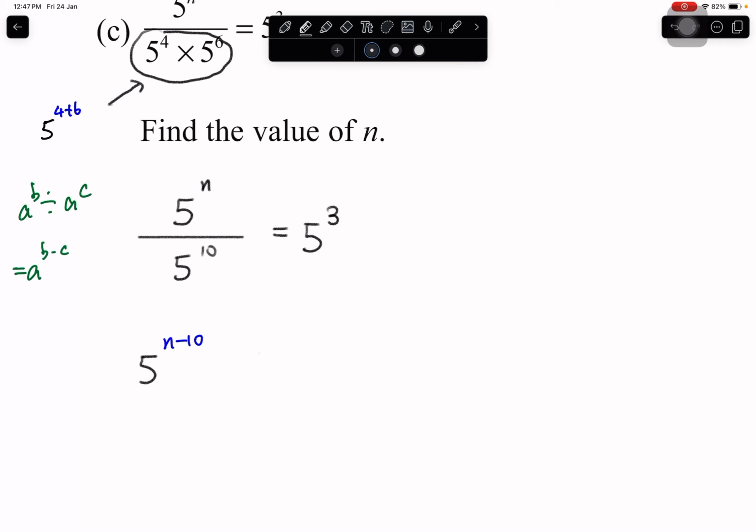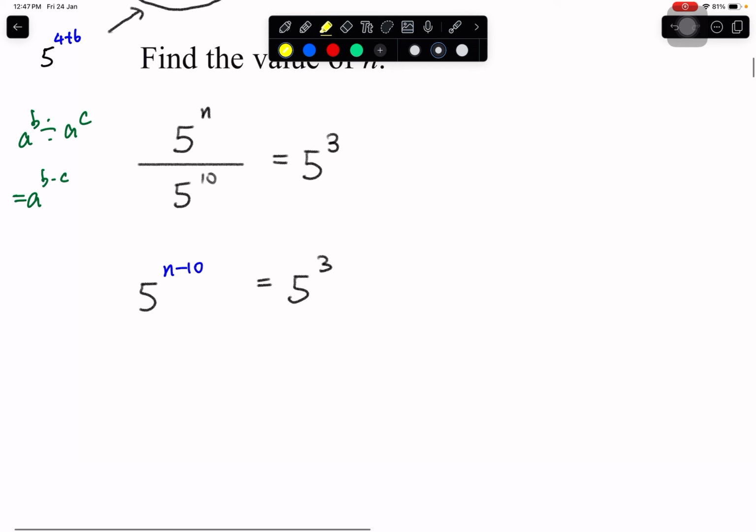And that's equal to 5 to the power of 3. Now, since it is 5 to the power of something equal to 5 to the power of something, we can extract n minus 10 equals 3. You don't have to write the 5 anymore. So n equals 13.